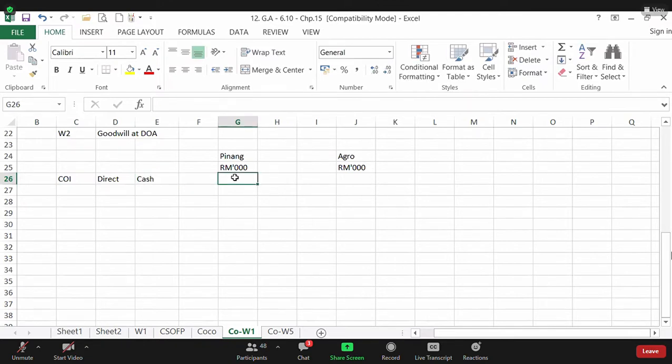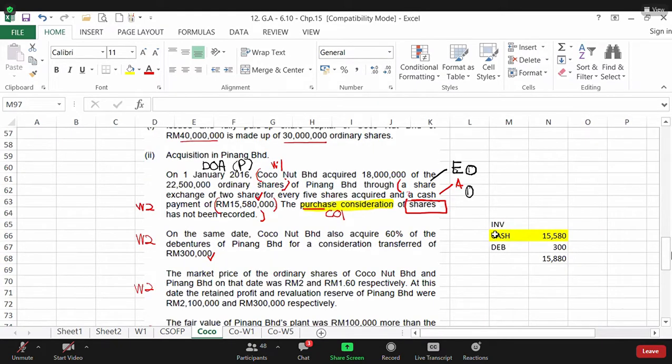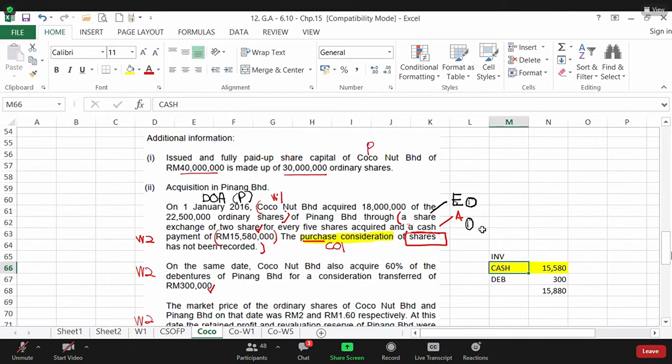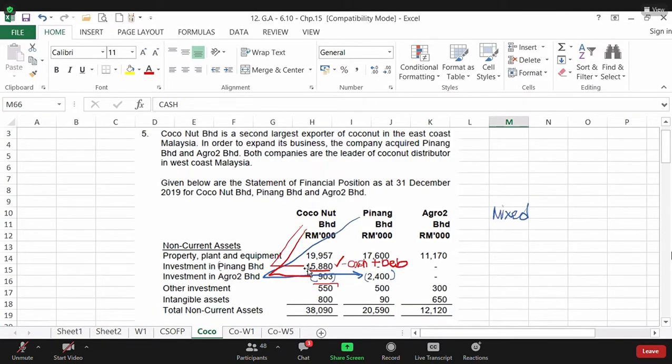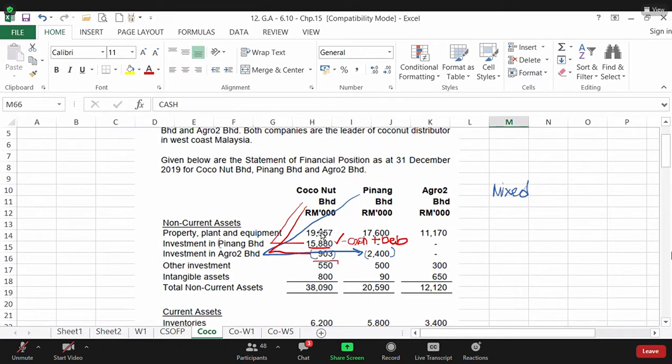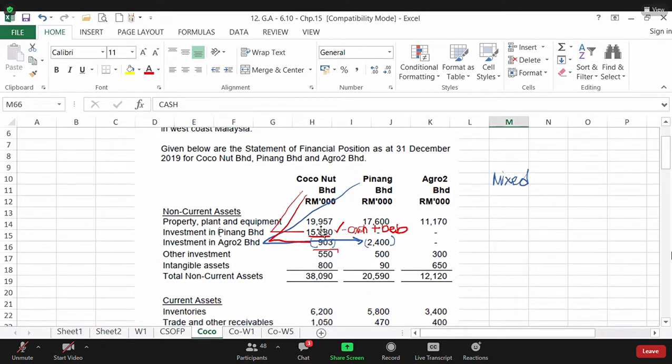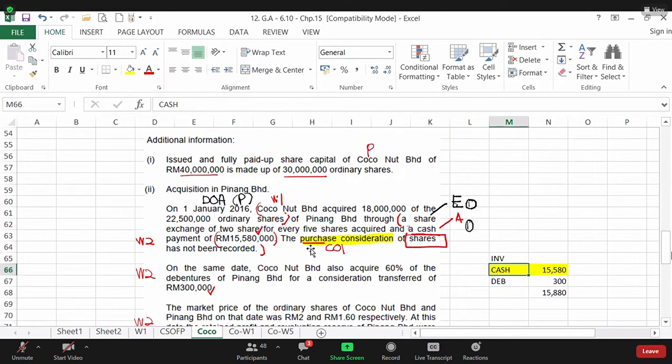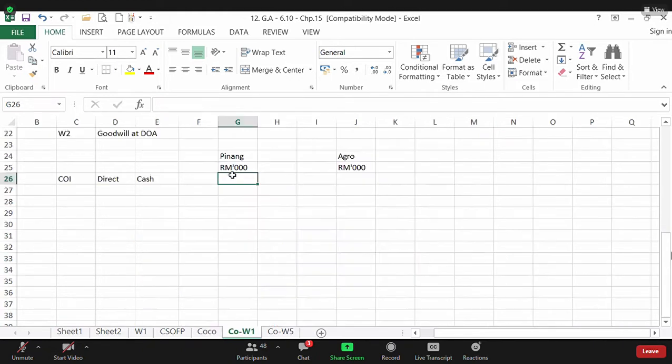How much you pay for cash, which is already recorded in our books? 15,580. Don't take 15,880 because 15,880 consists of many amount of investment. So the one that you paid for a direct is 1558. So you put here 15,580. Okay.